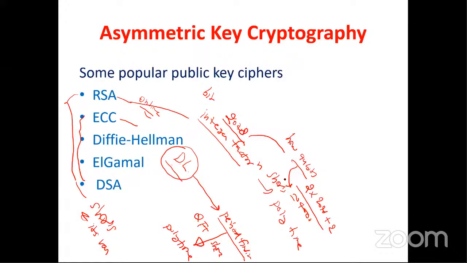But the current challenge is that current quantum computers have only hundreds of qubits. Once we have 4000 or 5000 qubits, then we can break this kind of cipher. So there is a direct threat.